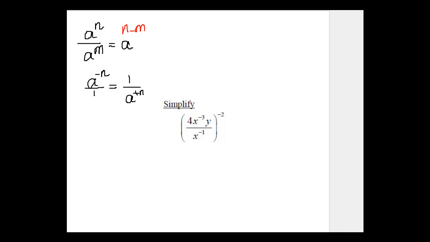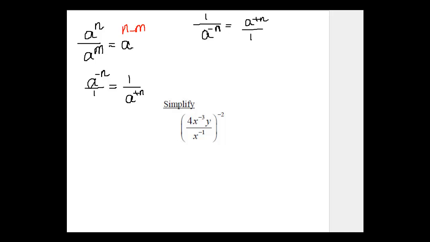Very good, yeah. So that would be 1 over a to the power plus n. If you have a negative exponent at the bottom of the fraction like this, you can move it to the top of the fraction and then make it positive. So ultimately you want to have a positive exponent.